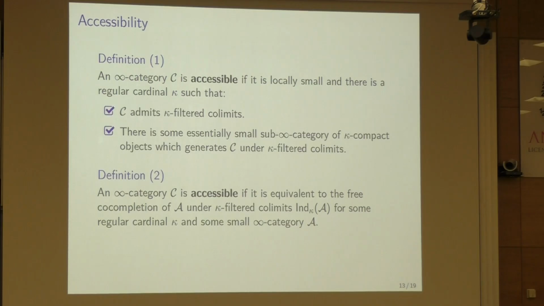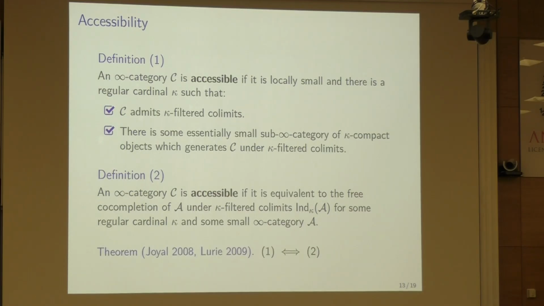But here in reality we're cheating a little bit, because the usual definition of accessibility in the infinity context is this other one, where we take the free completion of a small category under kappa filtered colimits, which is called Ind of L, for some kappa and some small infinity category.